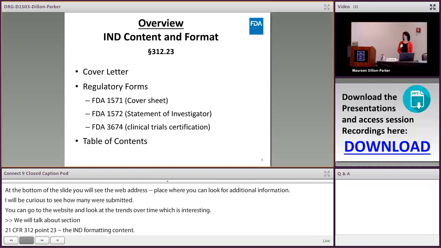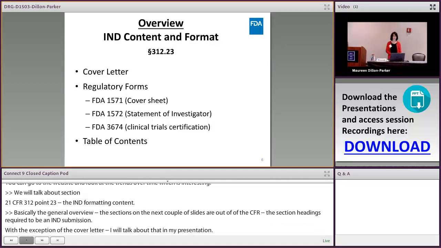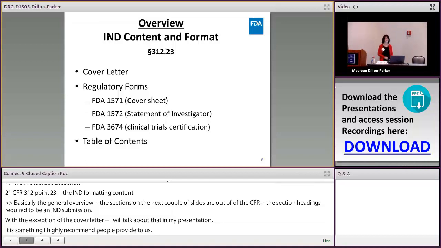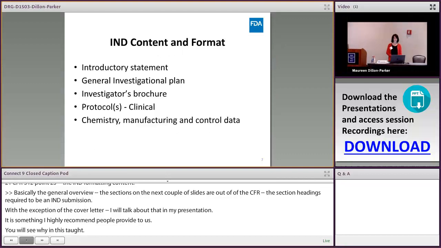The cover letter I'll talk a little bit about in my presentation, but it's something that I highly recommend people provide to us, and you'll see why in the talk. The regulatory forms that you'll need to provide are the 1571, 1572, and your 3674. And I'll talk a little bit about these as we go along.